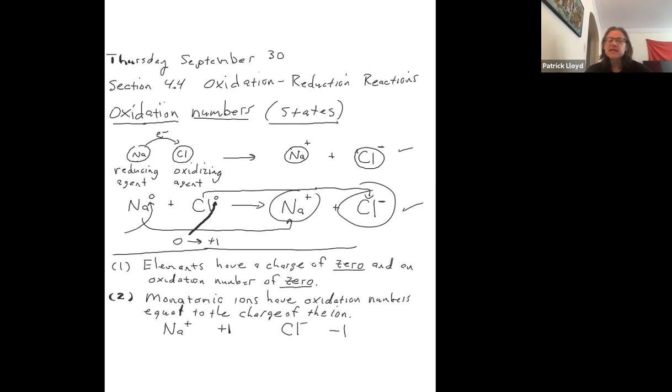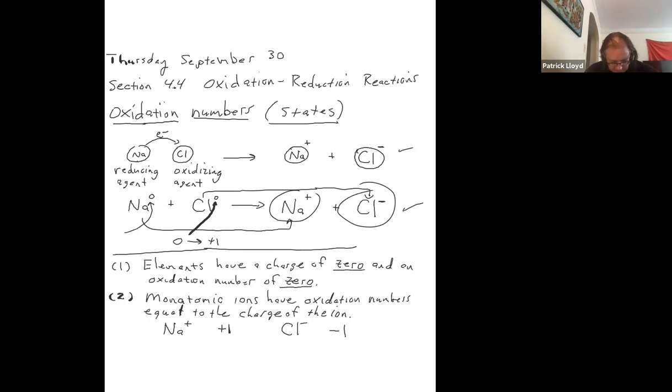And that wouldn't be the case for a general acid-base reaction or precipitation. They will not change oxidation states unless they are also redox reactions. So you can have some reactions that are acid-base and redox, but in general, acid-base reactions, their oxidation states don't change. Okay, so there we go.